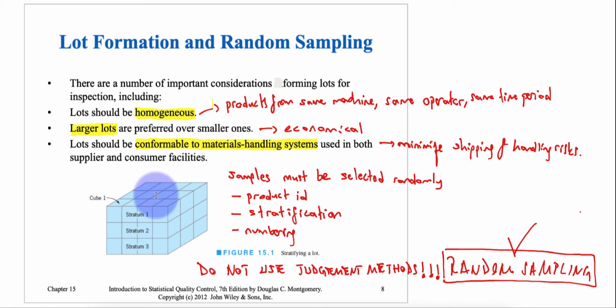So when we create this kind of cubes in the lots, we can also randomly select these cubes, and we can inspect the items in these randomly selected cubes in the lot. All right. Here the main idea is this: random sampling is very, very important. Do not use judgment in selecting the items from the lot. Okay. Use random sampling. It's so important.